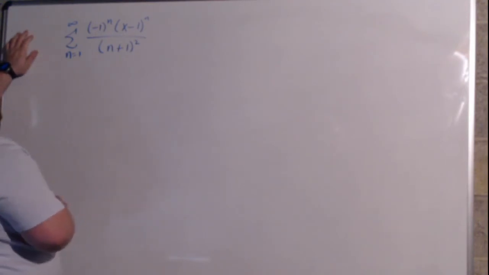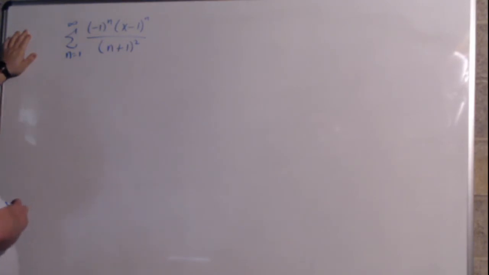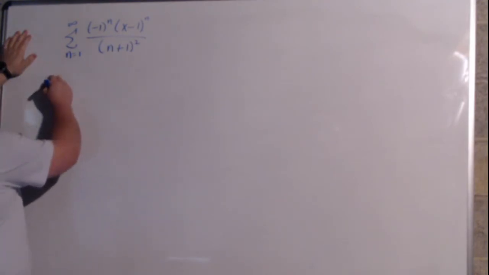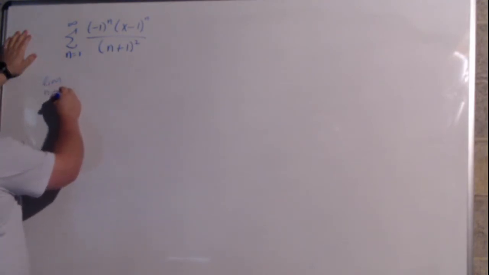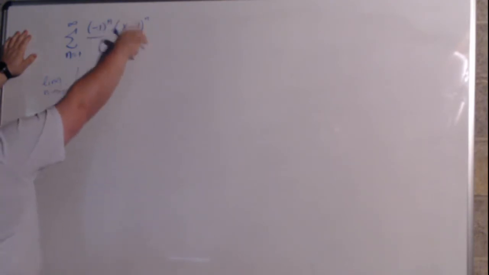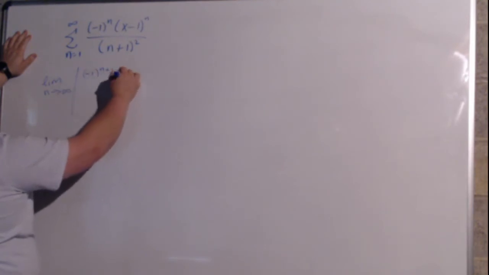So the process is, first you want to take the ratio or root test, and ratio is usually the one you're going to use. So the ratio test here, we take the limit as n approaches infinity of the absolute value, and everywhere we have an n, we make it n plus 1.